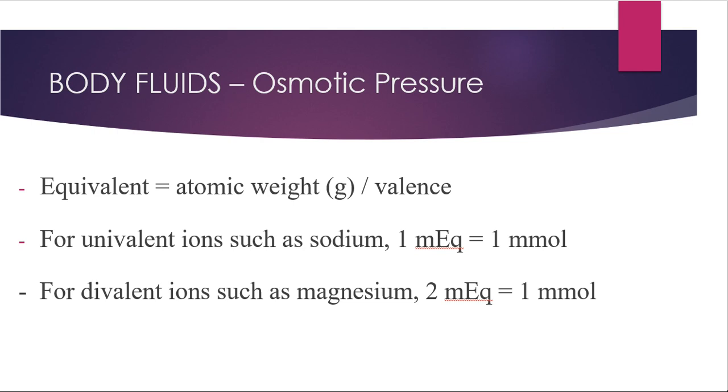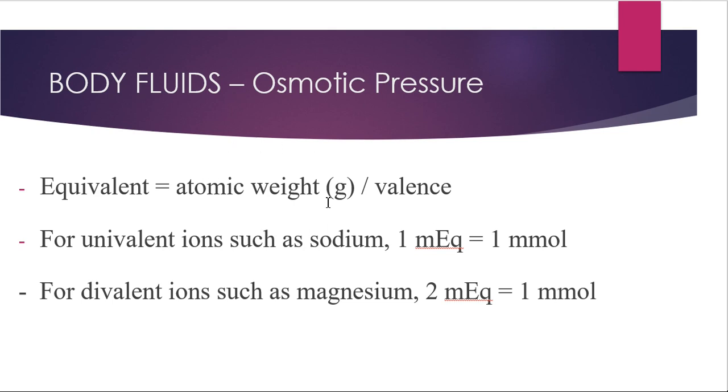Remember this, right? Why 2 milliequivalents? Because here we are having atomic weight divided by valency, and the valency of magnesium is 2, and atomic weight expressed in grams can be expressed as moles, right?